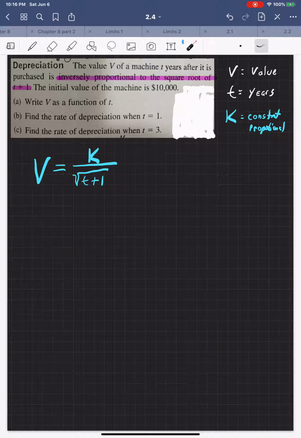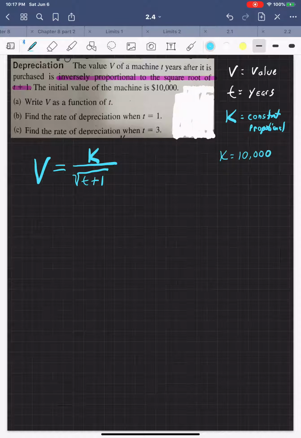All right, let me finish. It says the initial value of the machine is $10,000. Now, initial value would mean when you first purchased the car. I mean, not when you drove it off the lot or anything like that, but at time 0, at first purchase, here is the value. So in this case, you could set V to equal 10,000, but really what you're going to find is that your K is just 10,000.